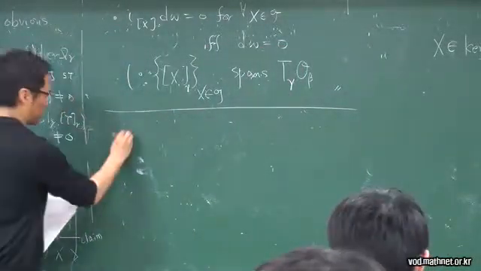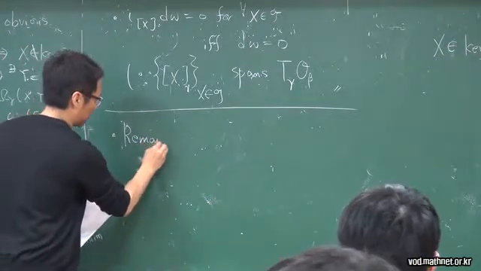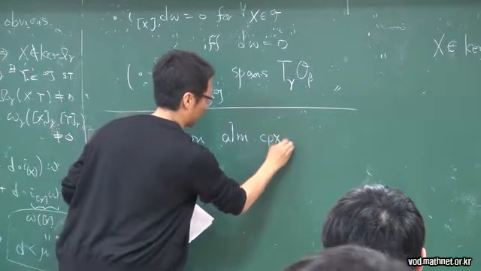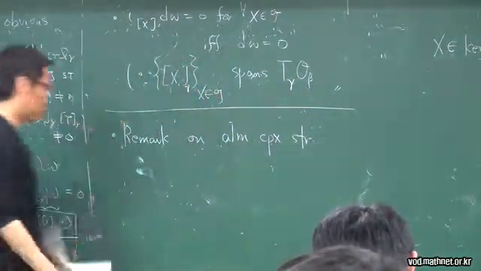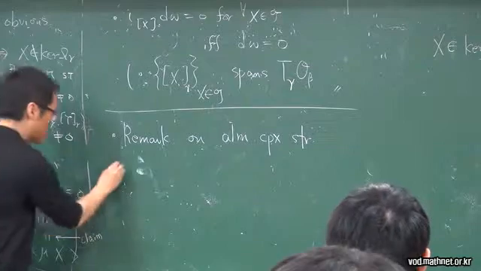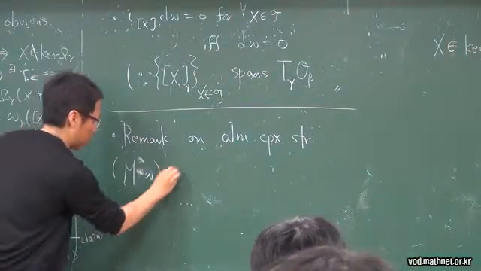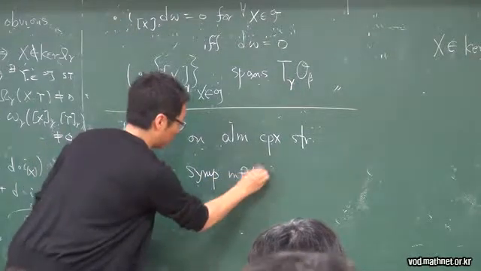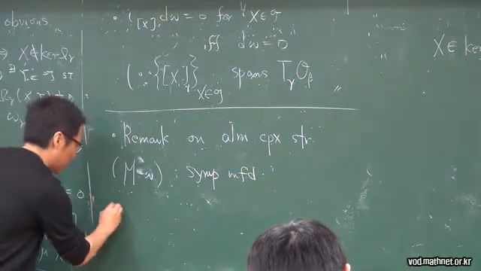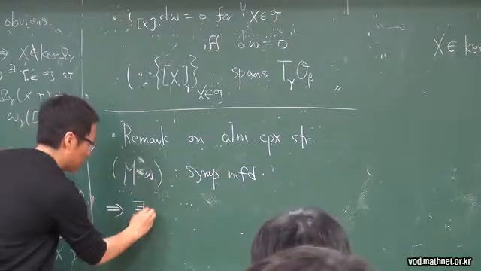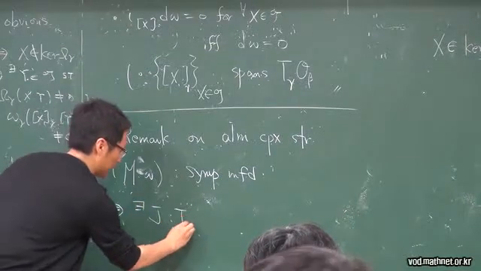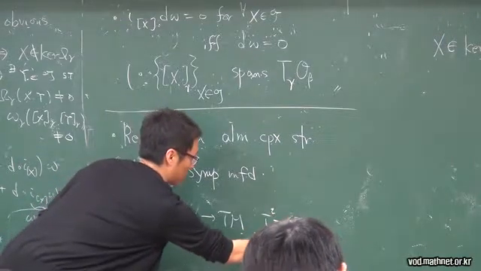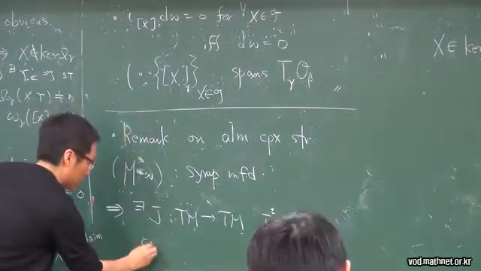Just a remark on the almost complex structure. So actually, if any symplectic manifold is given, then we can always find an almost complex structure which is compatible with omega.